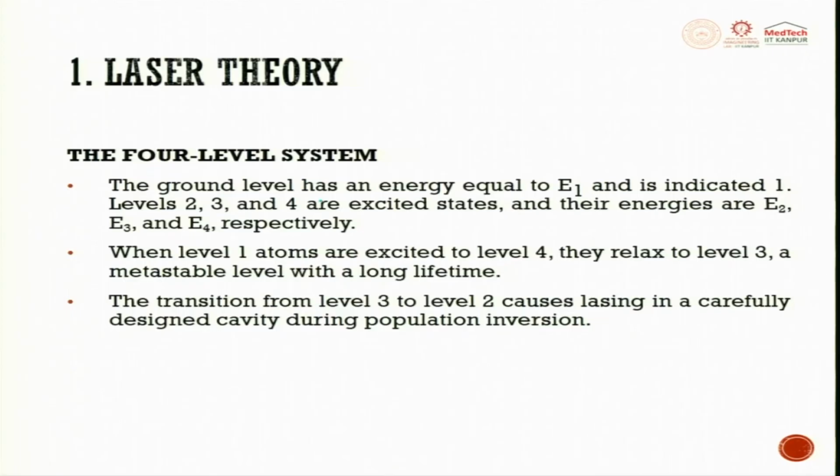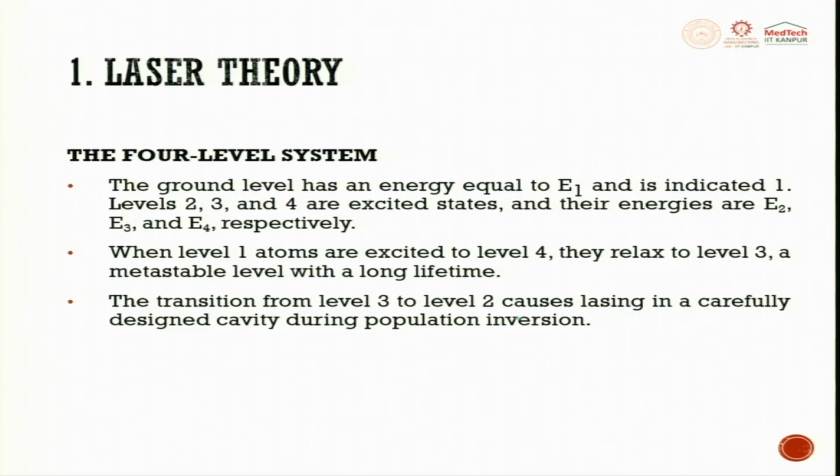The ground level has an energy equivalent to E1 and is indicated by 1. The levels 2, 3 and 4 are excited states and their energy levels are E2, E3 and E4 respectively. When level 1 atoms are excited to level 4, they relax to level 3, a metastable level with a longer lifetime.